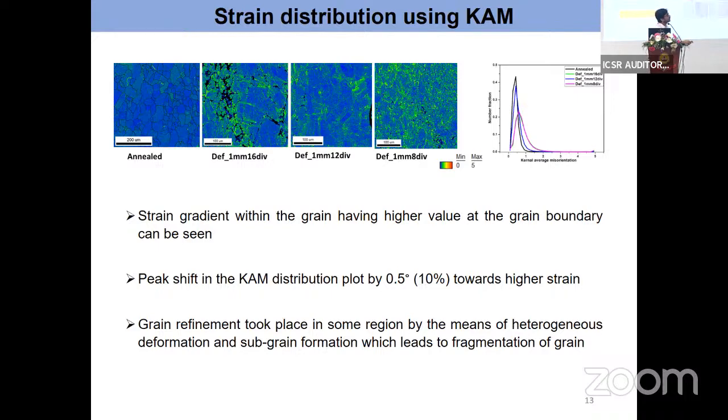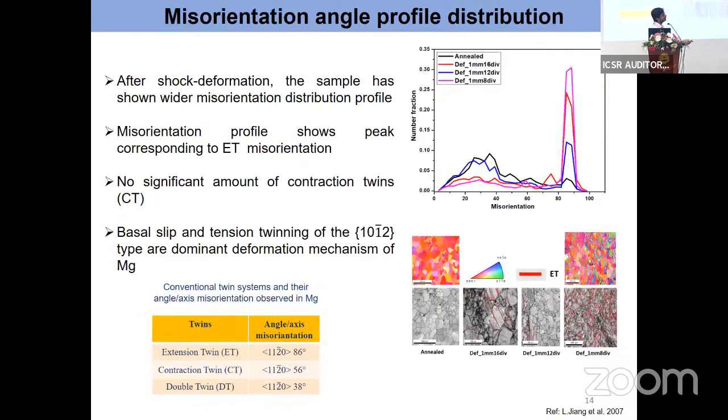Now come to the misorientation angle profile. Misorientation is a characteristic of twins. Generally, in the magnesium case, three types of twins form: extension twins, contraction twins, and double twins. The extension twin characteristic is that it forms at 86 degrees, CT twins form at 56 degrees misorientation, and double twins form at 38 degrees.